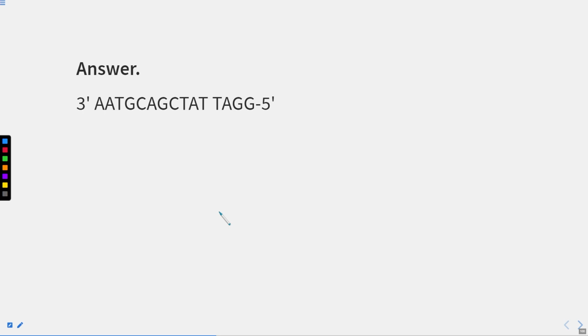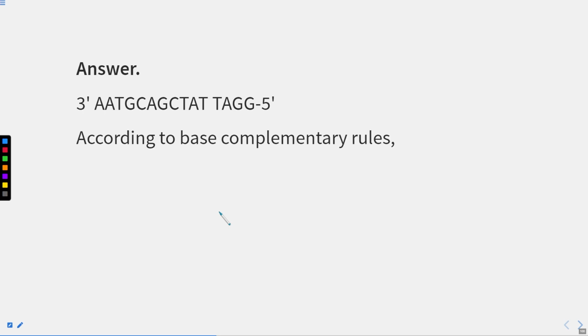Now let's have a look at the answer here. This was the sequence that was given. According to the base complementary rules, you already know A pairs with T and G pairs with C. Keeping this in mind, we will solve this question. First is the complementary strand.